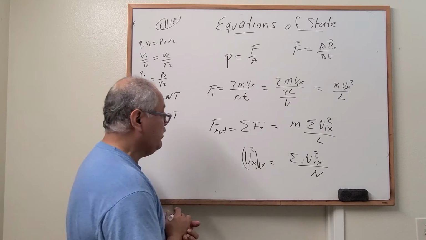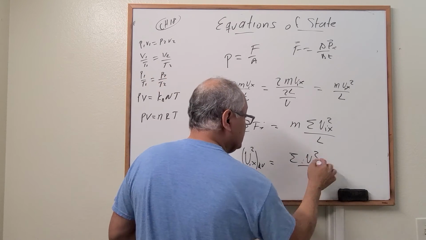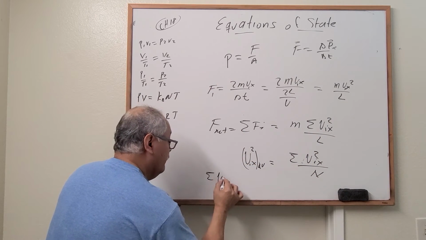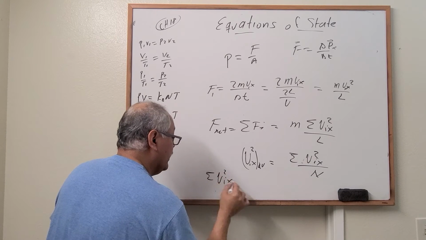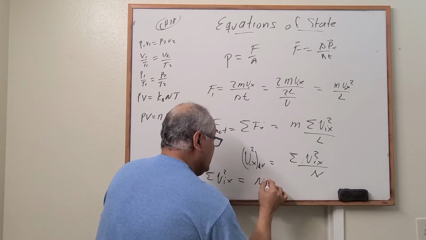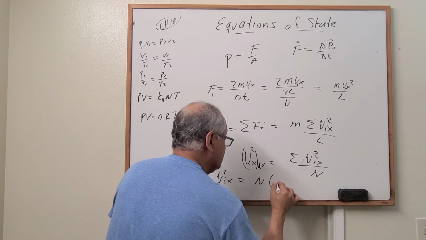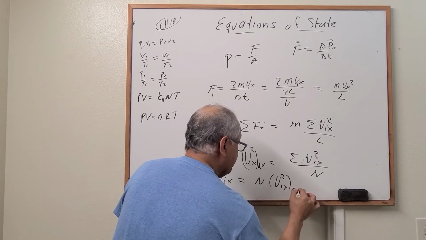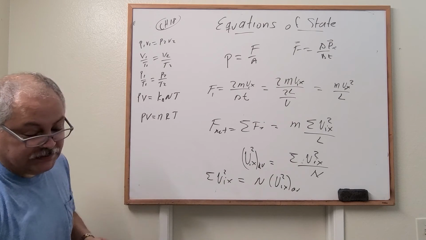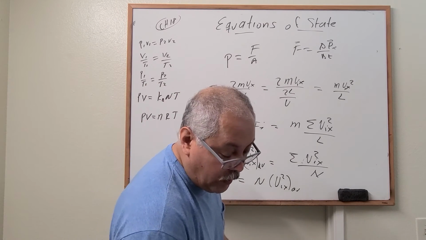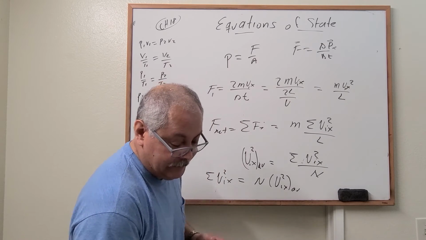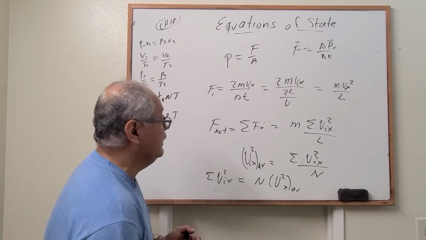Perfect. And now from here we can solve for this quantity. The sum of all these particles' speeds squared is equal to n times the average of the same quantity squared.